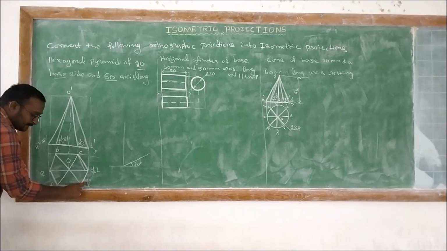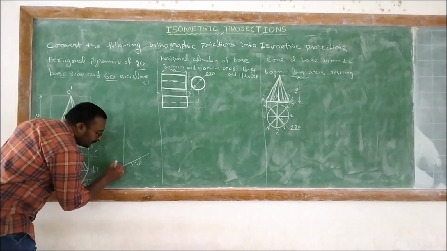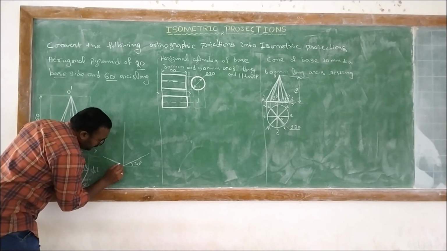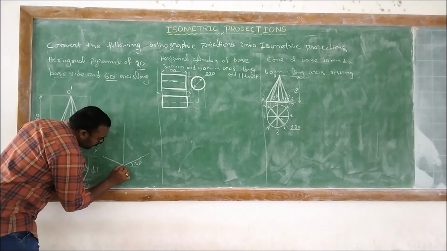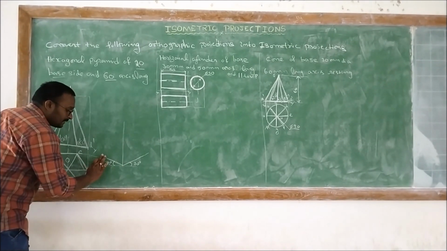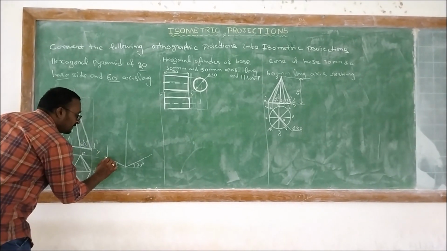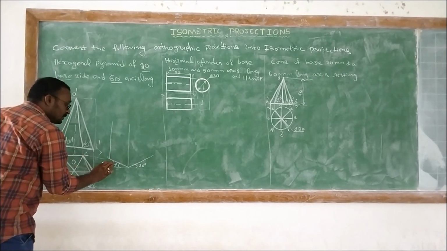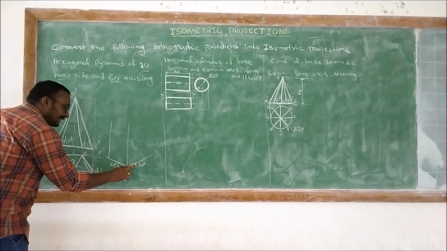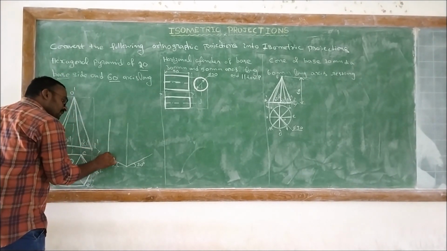Then we take the CE length, which must also be inclined at an angle of 30 degrees to the ground. Then we project the vertical line as vertical. So here this is the horizontal line and this is the vertical line, and hence we convert them at an angle of 30 degrees, right?